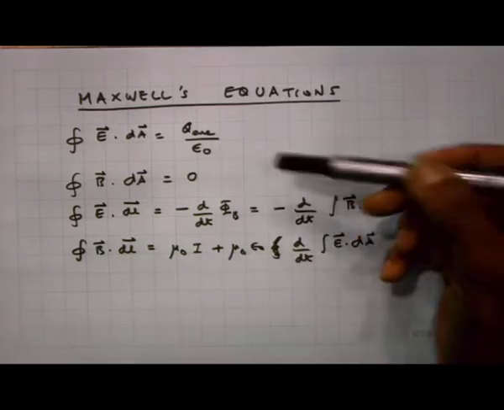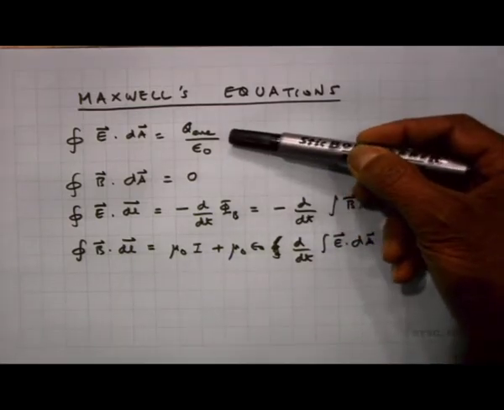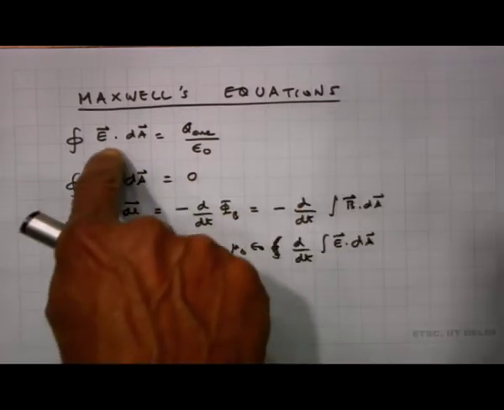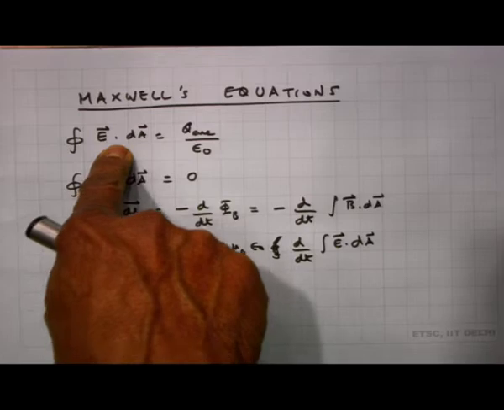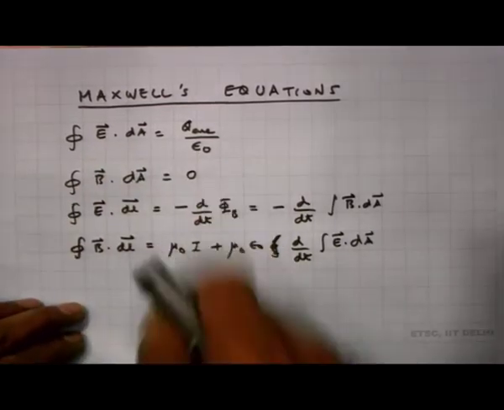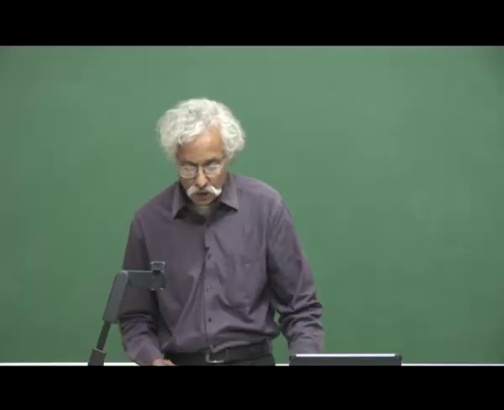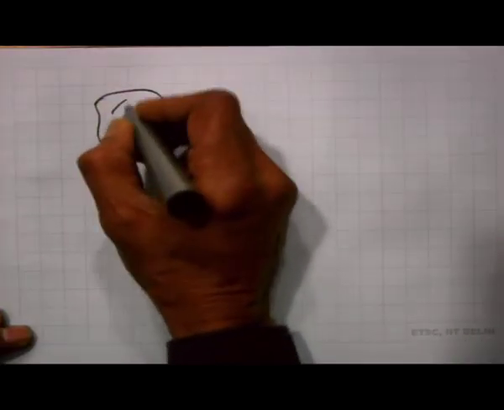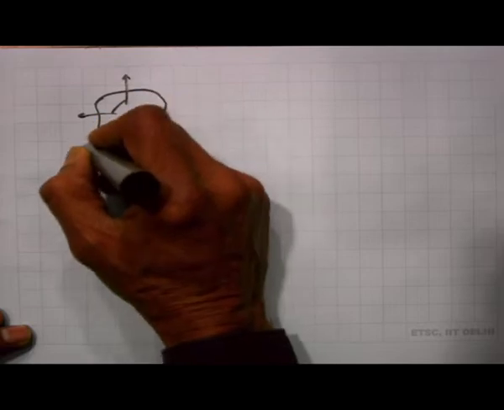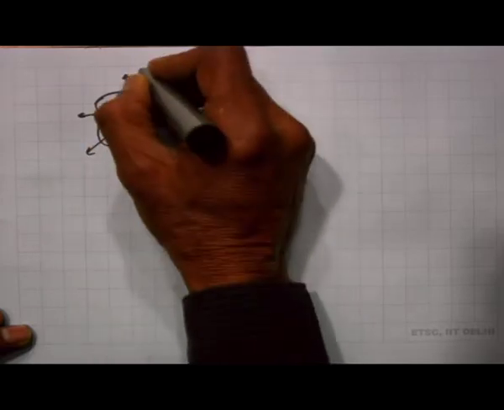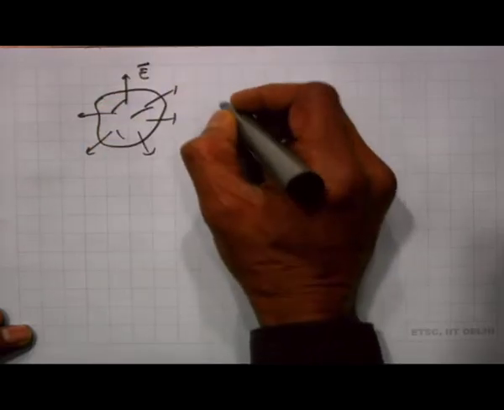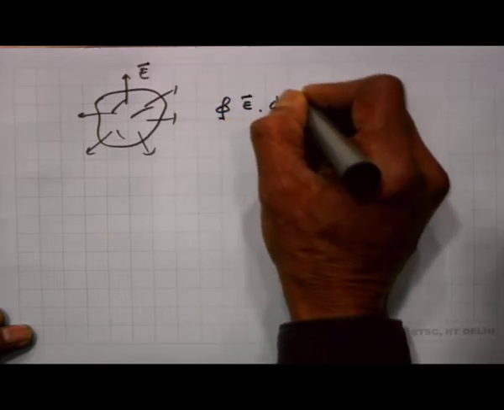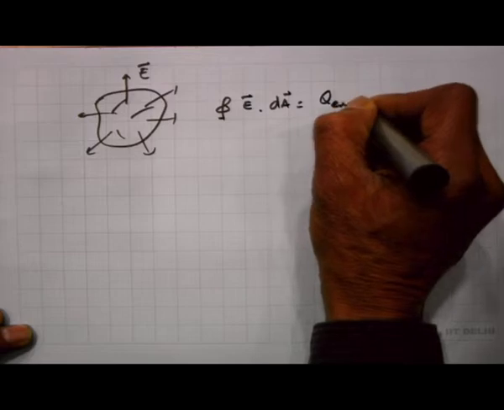The first is nothing but Gauss's law, which we used right in the beginning. This tells me that the flux of the electric field must be equal to the charge enclosed divided by epsilon 0. Let me draw a figure here. If you take a surface like this, then the electric flux coming out of it, these are the E fields, integral E dot dA, is equal to the charge enclosed divided by epsilon 0.